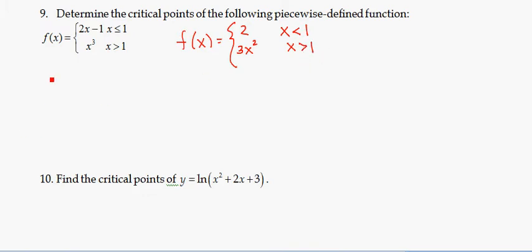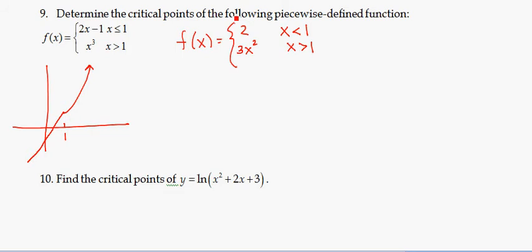So what we want to do is think about this as a two-sided derivative, right? I have this function 2x minus 1, so it's got a slope of 2, looks something like this. And then at 1, it suddenly switches to x cubed. So the question is, is this happening in a way where the derivative is defined?